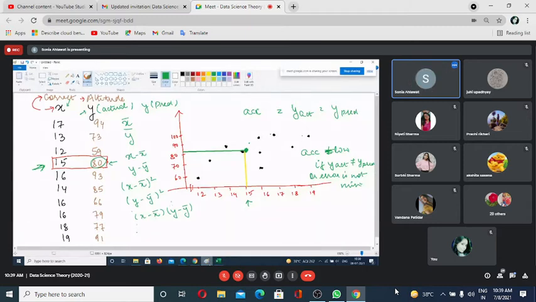Just 1 more minute. Whoever is done, just write on the chat window exactly what values they are getting for intercept and slope.